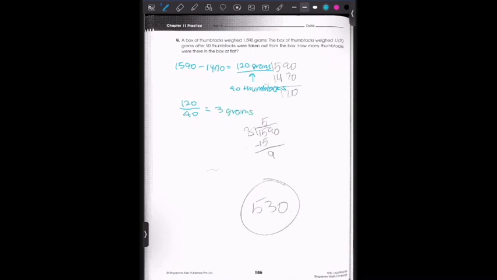And so originally the box weighed 1,590 grams. And so if we divide that by 3 grams, that will give us the amount of thumbtacks that were in the box.